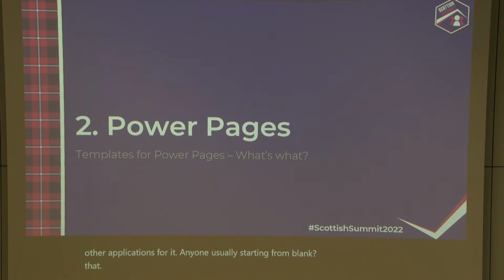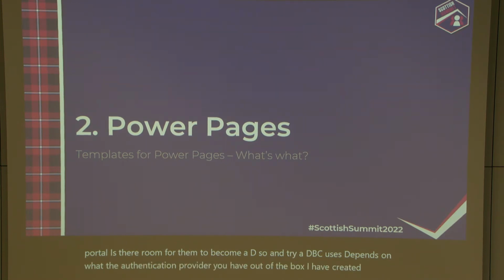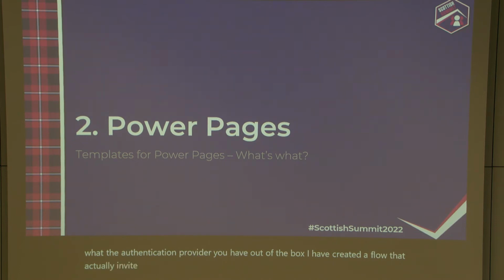Okay, any questions about what we've seen so far? Self-management for the contacts there looks really cool in the partner portal. Is there a route for them to become AD users or AD-B2C users? It depends on what authentication provider you have out of the box. I have created a flow that actually invites users into Azure AD using the Graph API.